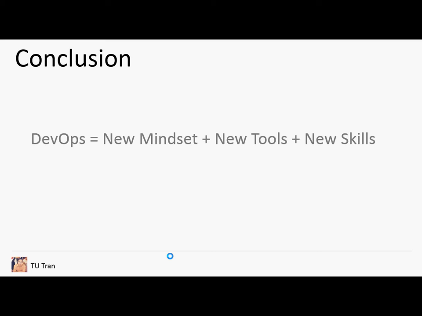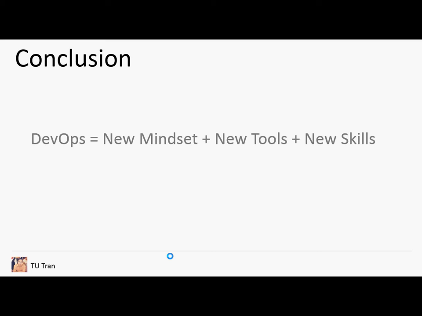The new mindset means that development and operation work together now. We don't have the case where we say, okay, this issue is for the operation team, not for the development team. Now this is our issue. We work together, we sit together and we fix it.